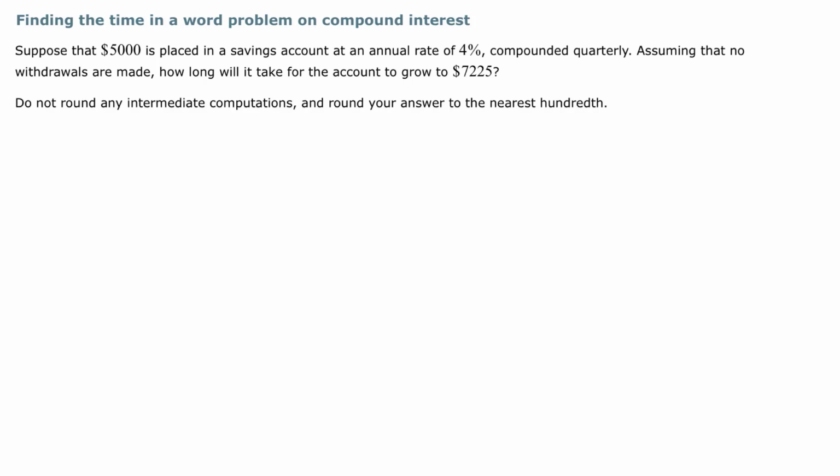We need a formula, and that formula is A of t is equal to the principal times a base, and that base is 1 plus the rate divided by n, raised to the number of compounds, so it will be n times t, depending on how many years you want to analyze this investment.